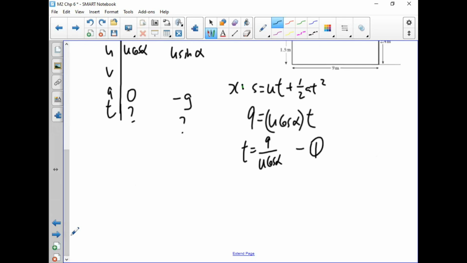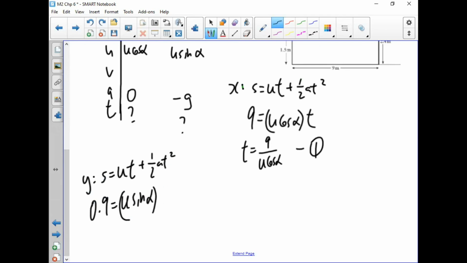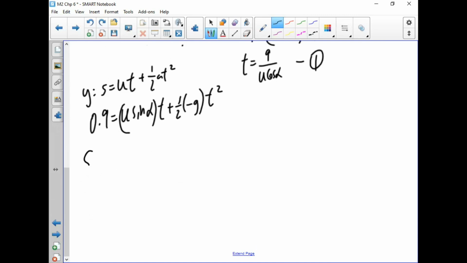Next, for y, s equals ut plus a half at squared. S is 0.9, u is u sine alpha, t is unknown, I'll leave it as it is, plus a half times negative g times t squared. Then what I'm going to do is substitute equation 1 into this.